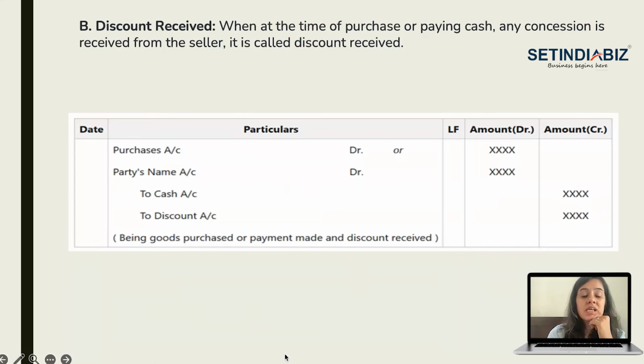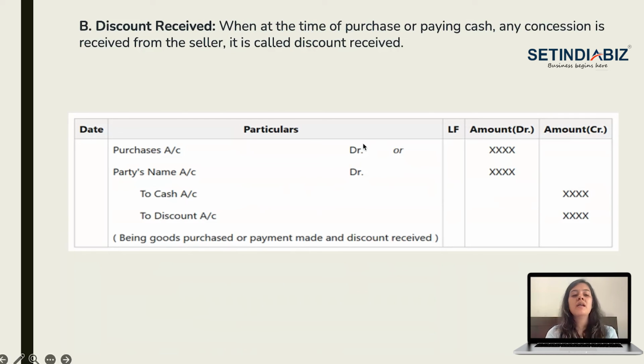Now for discount received, purchases account debited, party's name account debited, to cash account, to discount account. When I'm making purchases from my supplier, if I'm doing it on cash, I have to pay cash. Cash is being decreased, so it is credited. Discount is my indirect income when I'm purchasing my raw materials and I'm getting discount.